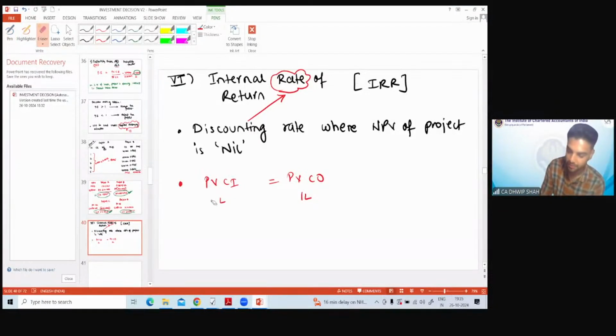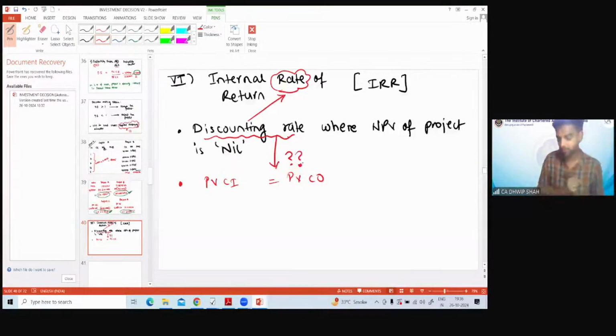So I just turned the words around. IRR is that rate where NPV is zero. In other words, it is that rate where your PVCI will be equal to PVCO. Under the IRR technique, we need to find the discounting rate because it is all about the rate of return. Are you understanding this?